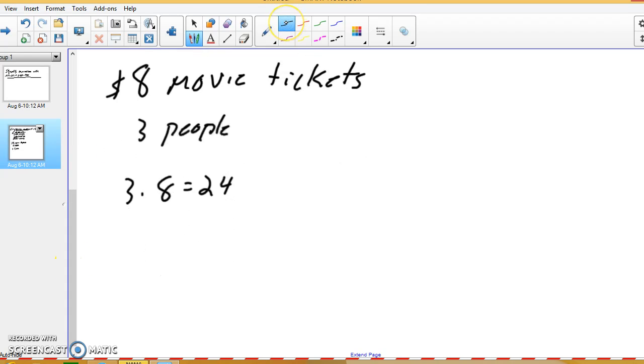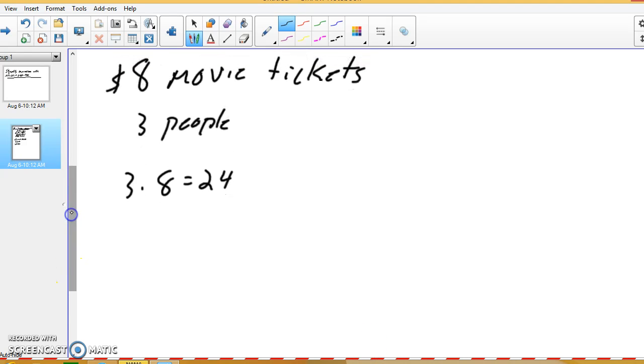But what happens if there's tax involved with the tickets? That could be seen as $8 plus tax, which we'll just call X. And now you're buying them again for 3 people.